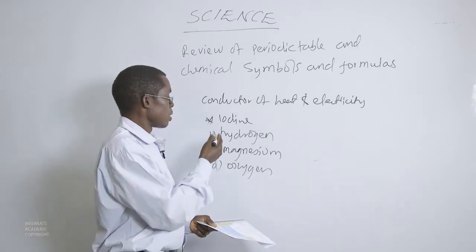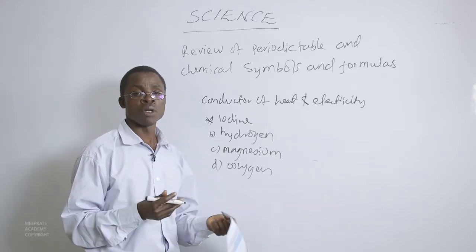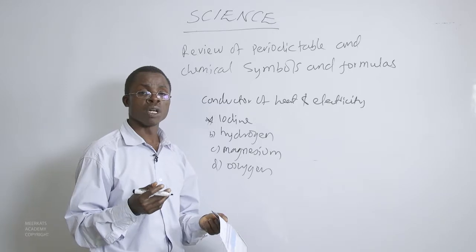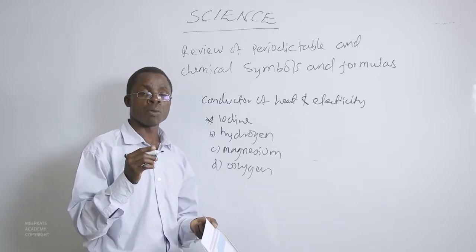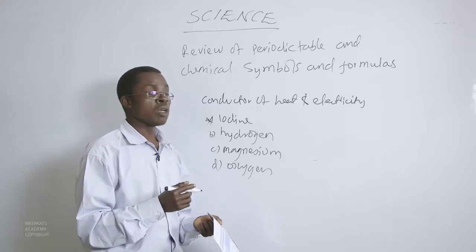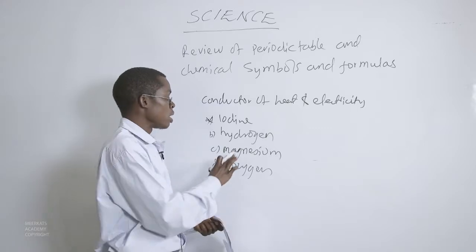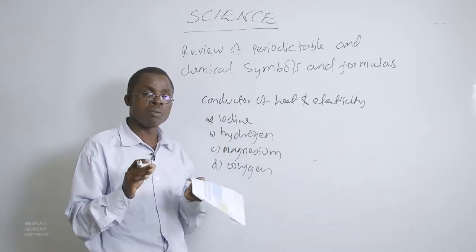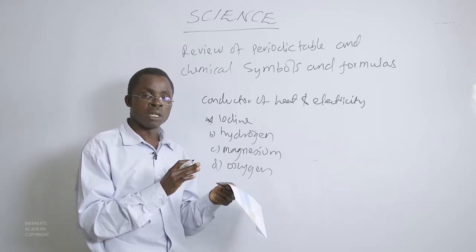B, hydrogen. This is a nonmetal that has characteristics of both metal and nonmetal, and even if it has some characteristics of metals, its properties do not include conducting heat and electricity. Remember, the confusing part with hydrogen is that it has both non-metallic and metallic properties.